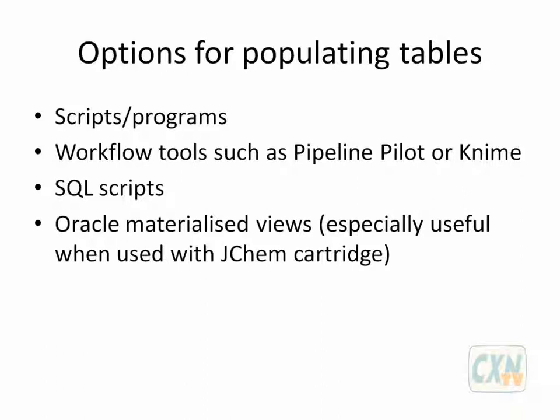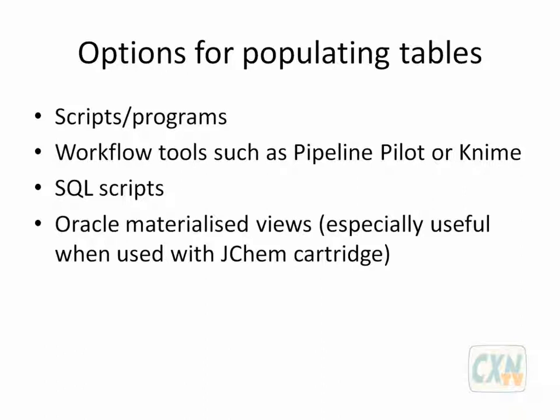Alternatively, if the data is already in a database, you might want to use some SQL scripts to process the data into tables suitable so that it can be seen by Instant JChem, or more of a specialized case of that. If you're using Oracle, you can use Oracle materialized views to sort of extract the data out of your source data and transform it into a form that can be used by Instant JChem.